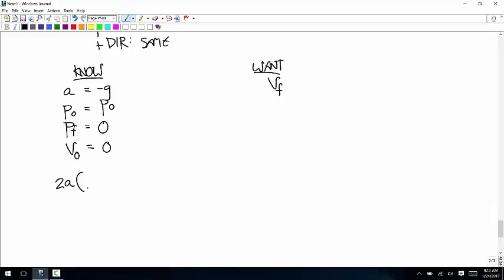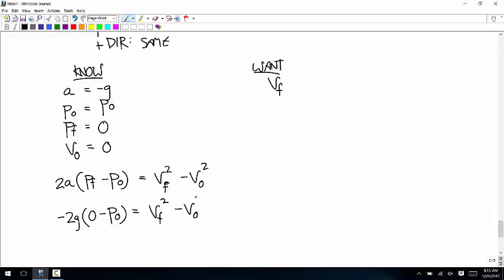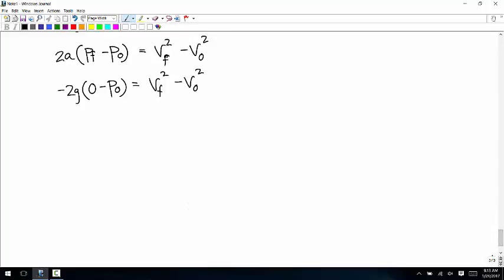So 2a times pf minus p sub 0 is equal to vf squared minus v0 squared. And so if you substitute in, you get negative 2g times the quantity 0 minus p0 is equal to vf squared minus v0 squared. So 2g p0 is equal to vf squared minus v0 squared.